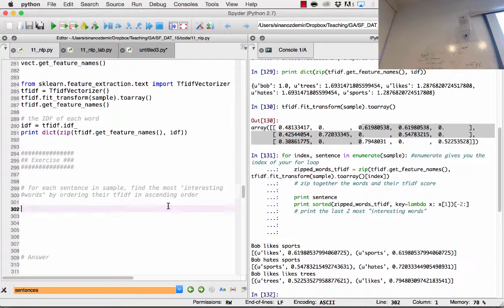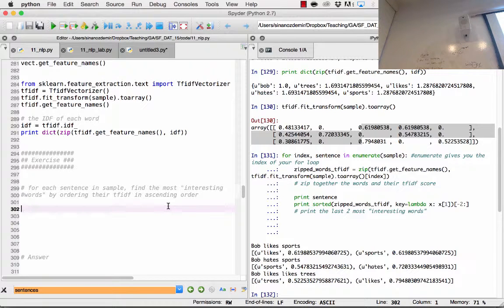So when you hear for each sentence, your first thought could be, let me do a for loop over each sentence in sample. So for each sentence in sample of index 0, 1, and 2, well, the first sentence is index 0. Row 0 happens to be the TF-IDFs of that sentence.